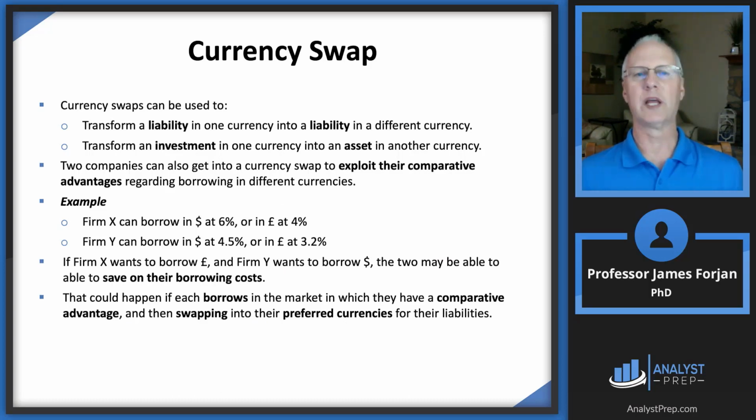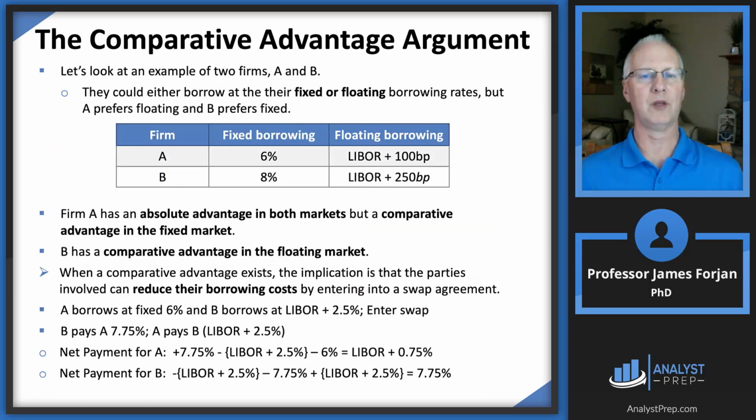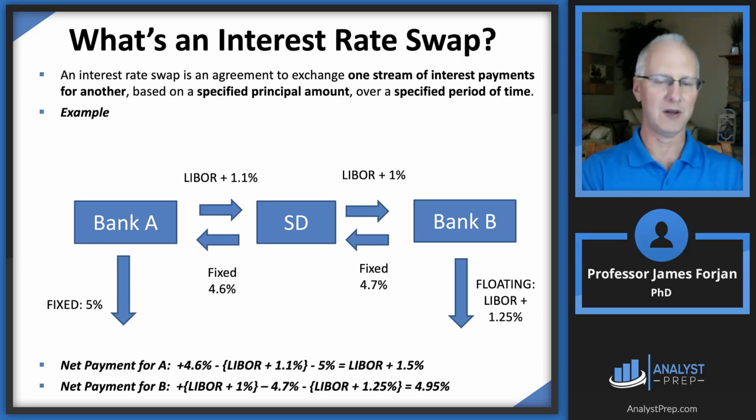A couple of quick examples here. These currency swaps can transform a liability in one currency to a liability in a different currency, and it can transform an investment in one currency into an asset in another currency. And so remember back here, let me just swing back really quickly. If you look at Bank A, what Bank A has essentially done is turned a fixed rate bond into a floating rate bond.